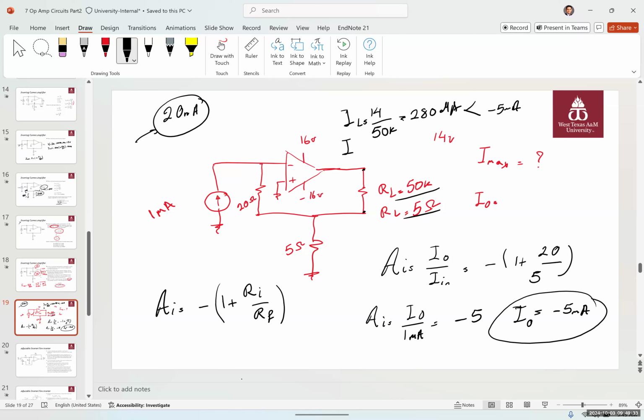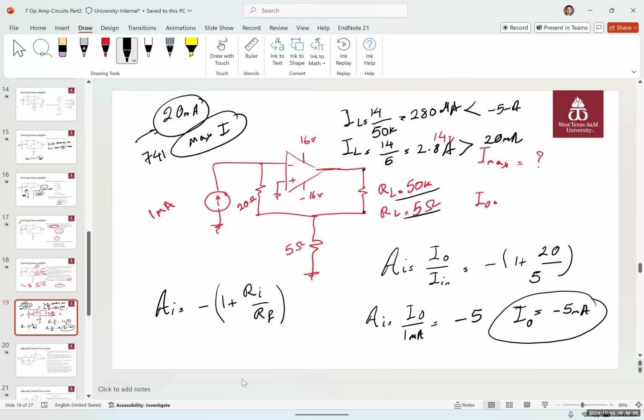And for the 5 ohms, IL would be 14 over 5, which gives us 2.8 amps, which is way above even the 20 milliamps that we have as the standard 741 maximum current. So as you could see, the resistor cannot be 5 ohm. If it's 5 ohm, it's going to go into saturation.